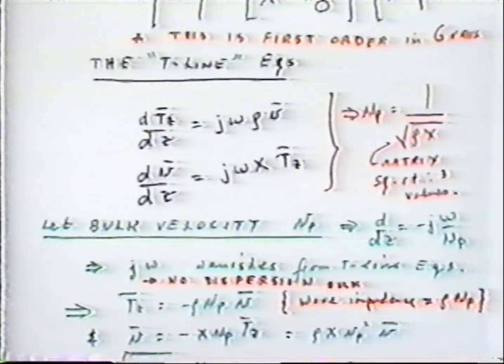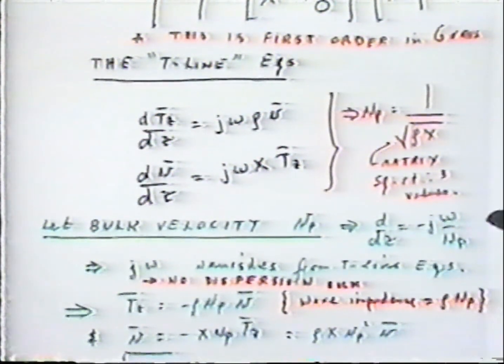If we talk about bulk velocity, then a priori we are saying that we have a z dependence which is of this form.